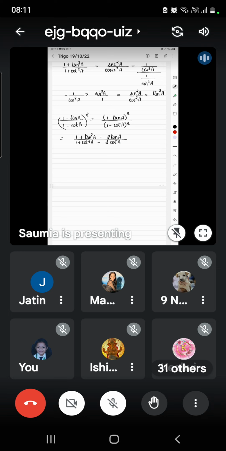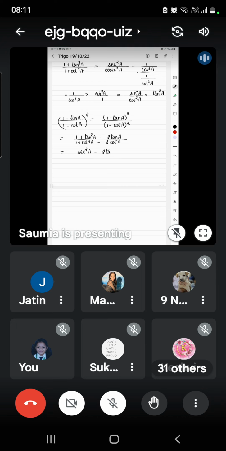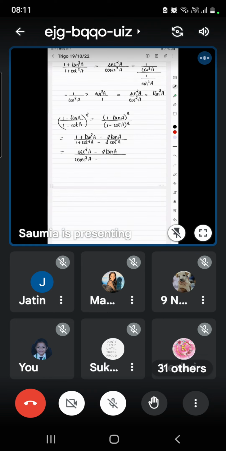Now, can I use any identity? In the numerator, 1 plus tan square A is sec square A minus 2 tan A upon, what is 1 plus cot square A? Cosec square A. Yes.